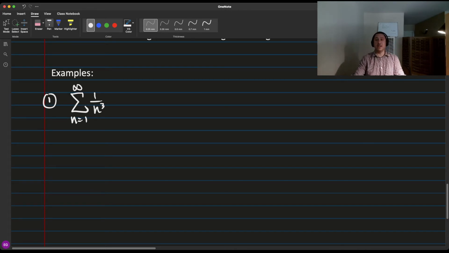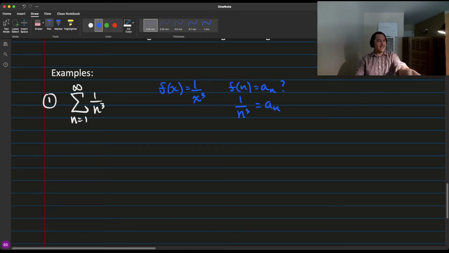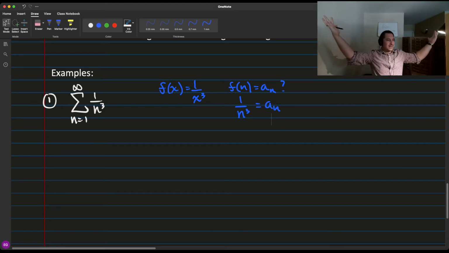So you look at this and you ask yourself, if f of x equals 1 over x cubed, is f of n equal to a_n? Well, what's f of n? 1 over n cubed. Is a_n 1 over n cubed? Yes. So you're like, sweet, my function matches, right?